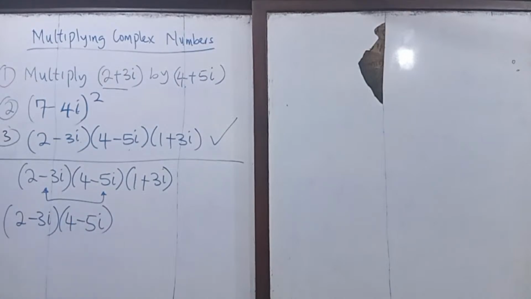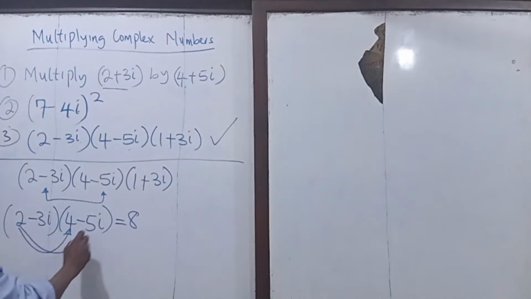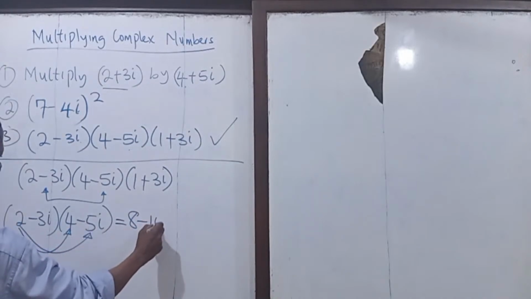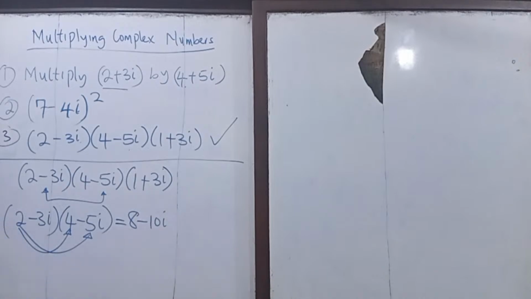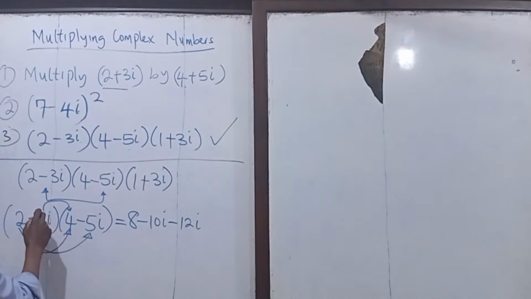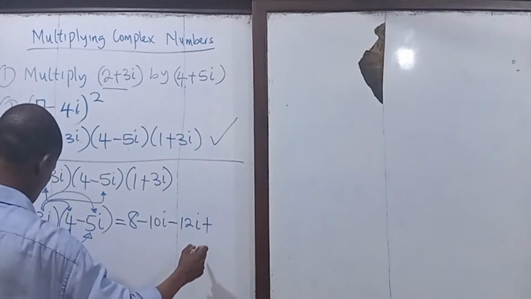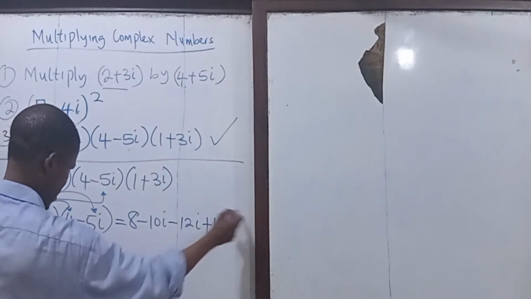That will be equal to 2 times 4, that's 8. 2 times minus 5i, that's minus 10i. Again, minus 3i times 4, that's minus 12i. And finally, minus 3i times minus 5i, that's plus 15i squared.